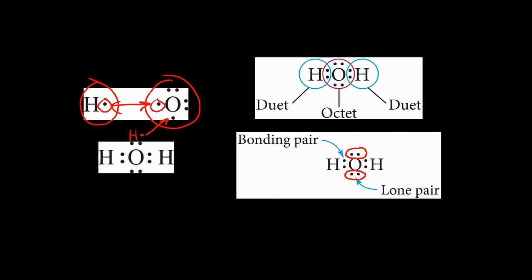So it's still a pair of electrons, but they are not participating in any kind of a bond or anything. They are all alone. They're on that atom. They're not connected to anything else. And so we're going to see quite a few lone pairs and bonding pairs as we go throughout the rest of this chapter.